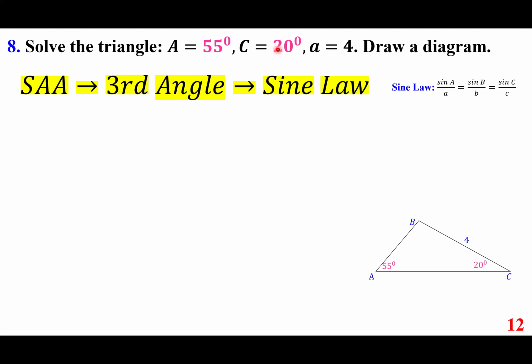The missing angle would be 180 minus the two. That's 105.